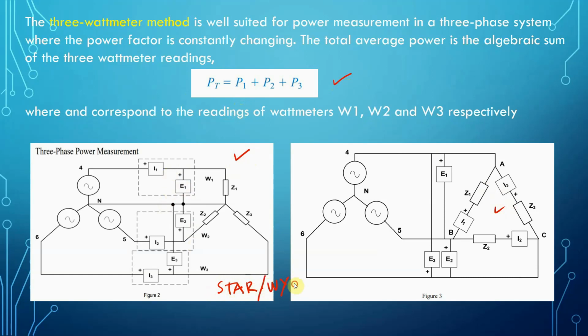So now we have here this portion I1 and E1. It will be our W1, and this will be our W2, and this will be our W3. In our Lab-Volt station, we're going to use I1, E1, I2, E2, I3, E3.